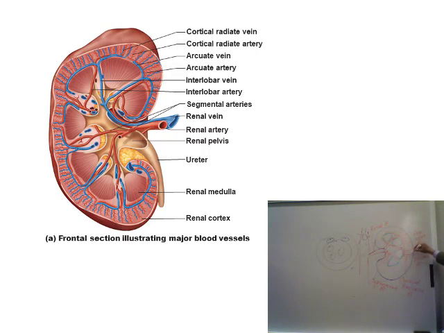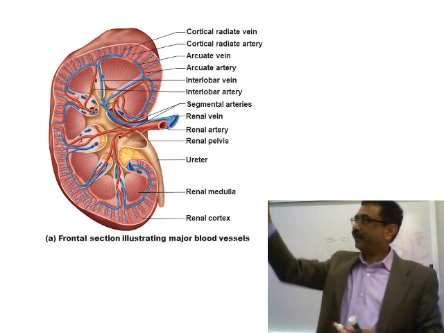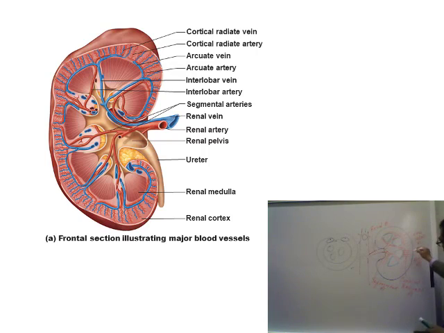Why are these called cortical radiate arteries? Because you know that this part of the kidney, the outer part of the kidney, is called the cortex. That's why these are the cortical arteries, and arising like radiation. So cortical radiate, not yet done.